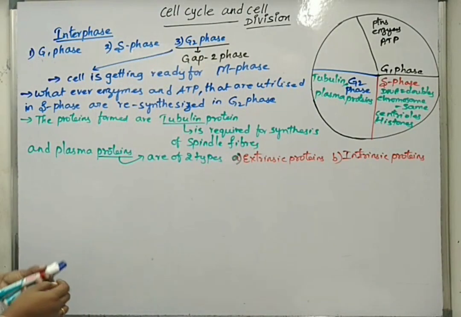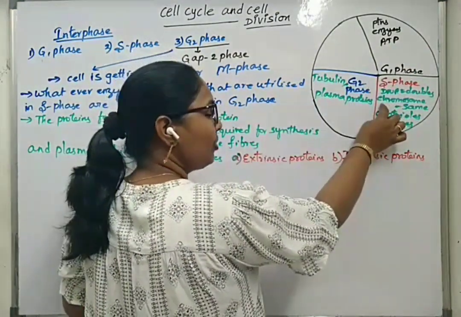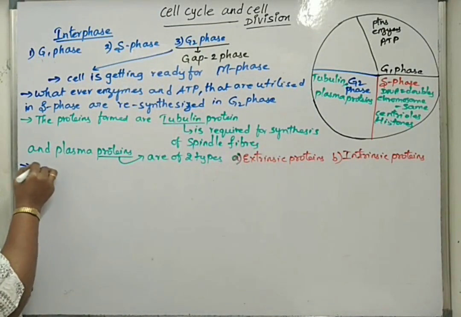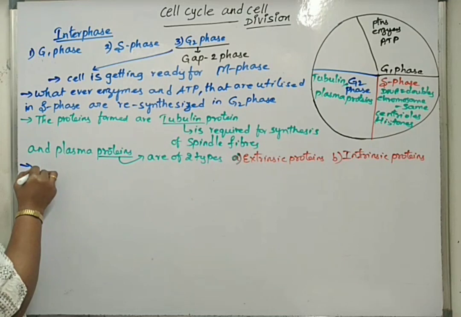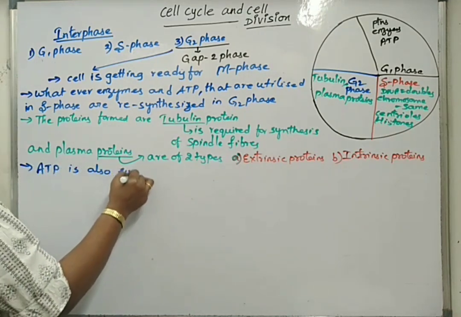These are two types. Again, the ATP that was synthesized earlier might have been utilized for all these molecular syntheses. So we will write ATP is also synthesized again.